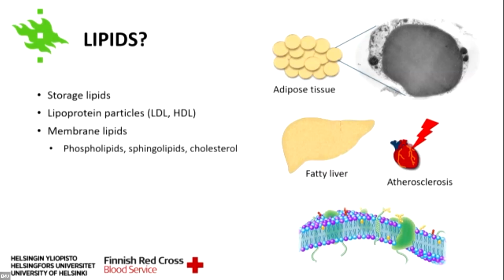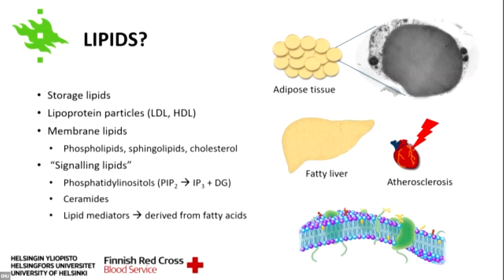The membranes consist of phospholipids, sphingolipids, cholesterol, glycosylated lipids, many different lipid classes. We also have so-called signaling lipids derived from phospholipids, these phosphatidylinositols that initiate secondary signaling cascades, and also ceramides and lipid mediators, which will be one of the focuses of today's talk.